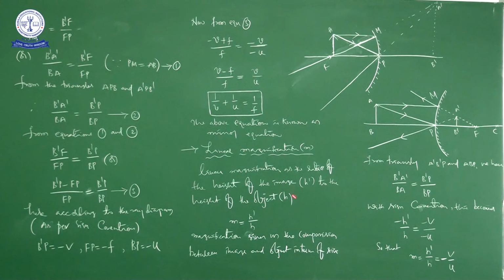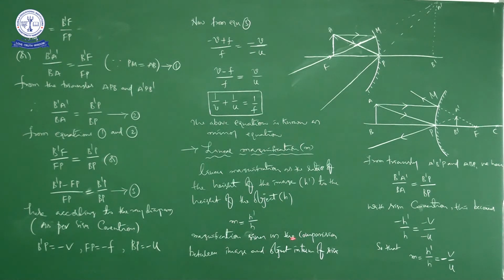So here the height of the image is h dash, and the height of the object is h. Okay, right. So that is the definition of linear magnification. According to the definition, the notation we use to represent magnification is small m. So small m is equal to h dash by h.